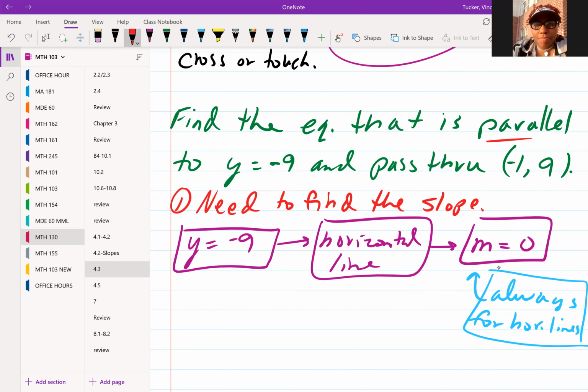Can we go to the next slide? So if it's a horizontal line, your slope is automatically going to be 0. Okay.